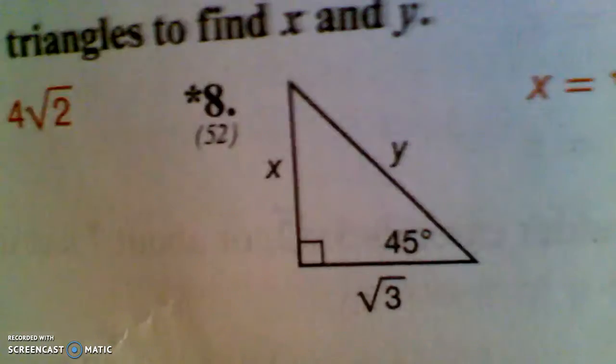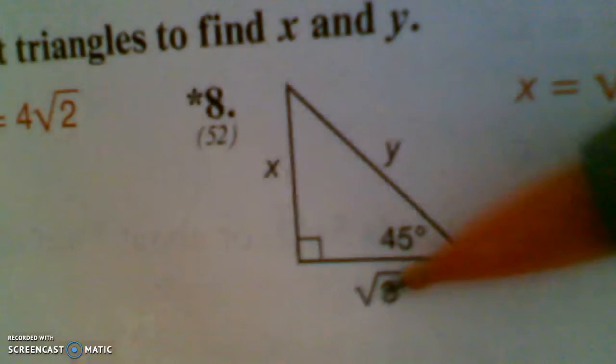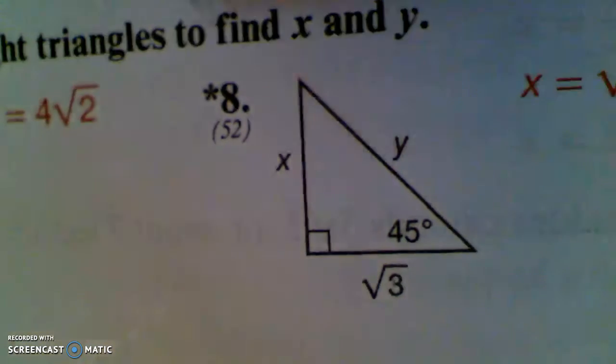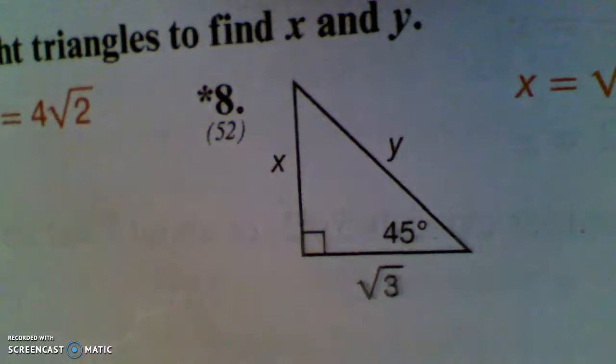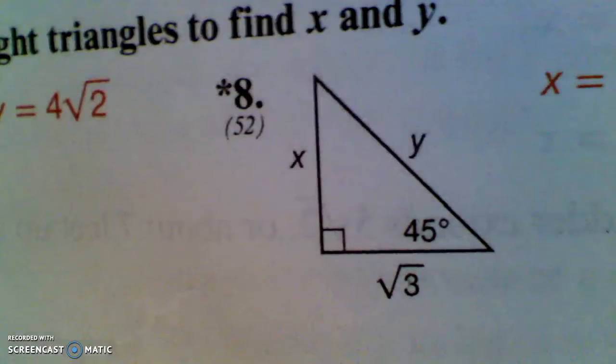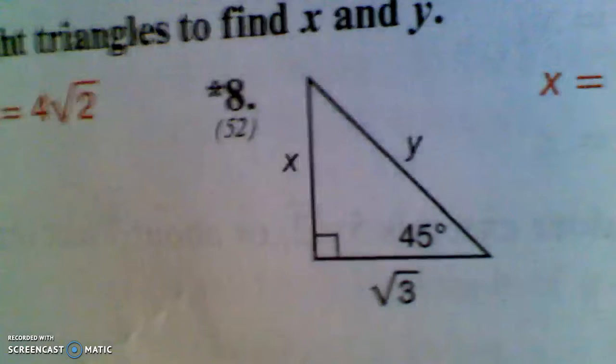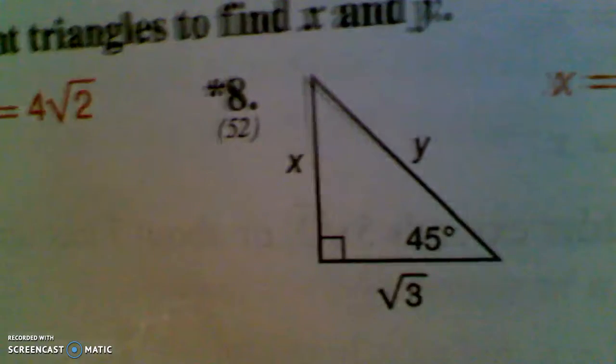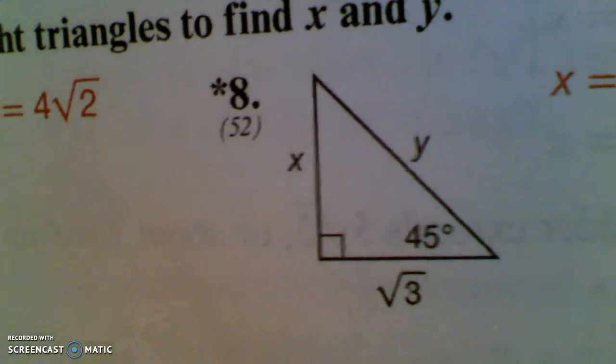Just like that one. 8, this is a bit peculiar. This side's radical 3. And it's 45, 45, 90 again, so be careful. Even though you see the radical 3, which might be a trigger to say, oh, 30, 60, 90. It's not. It's 45, 45, 90.